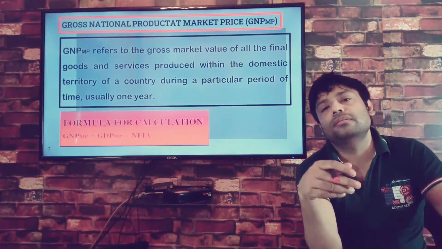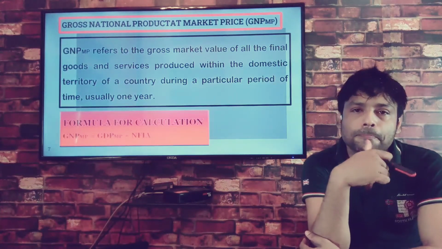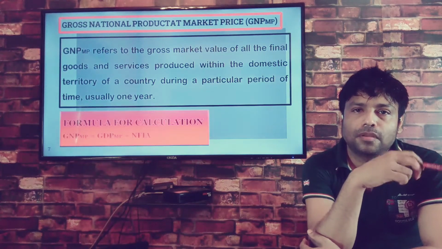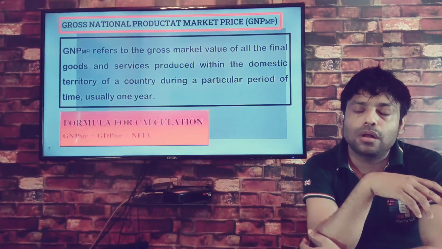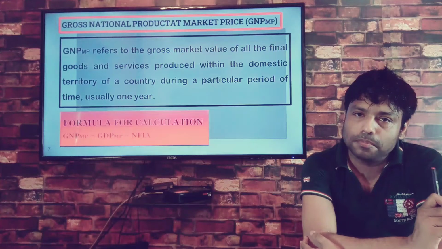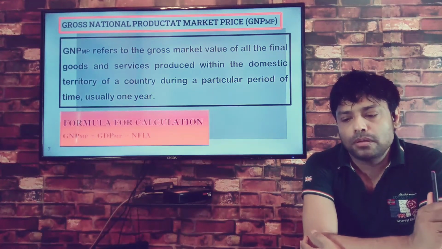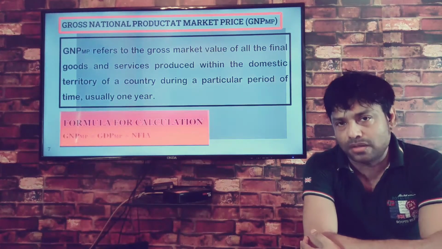Another very important aggregate of national income estimation is gross national product at market price. It refers to gross market value of all the final goods and services produced by the normal residents of a country during a particular period of time, and that is usually 1 year.